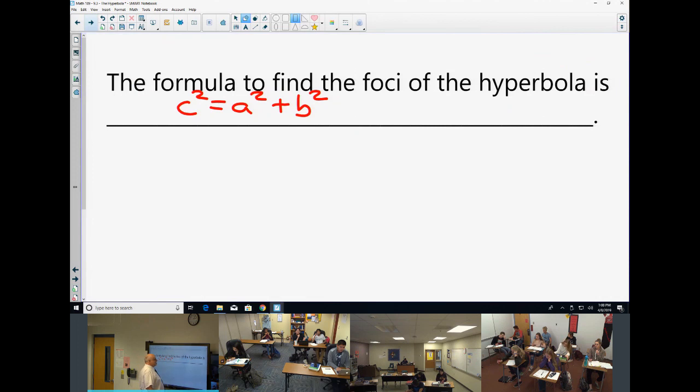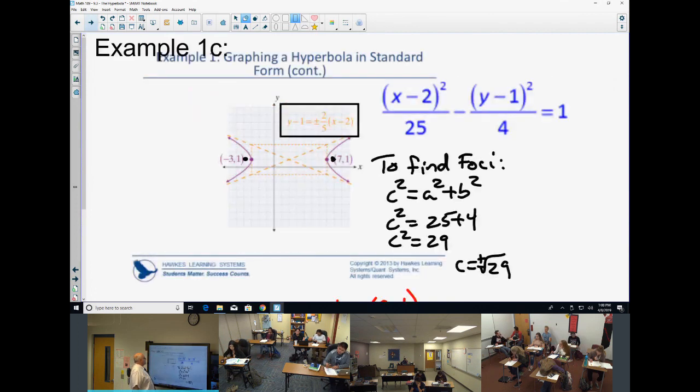All right, so as I mentioned before, the formula to find the foci of the hyperbola is c squared equals a squared plus b squared. So like the Pythagorean theorem, but not. Let's say that I want to find the foci for this.